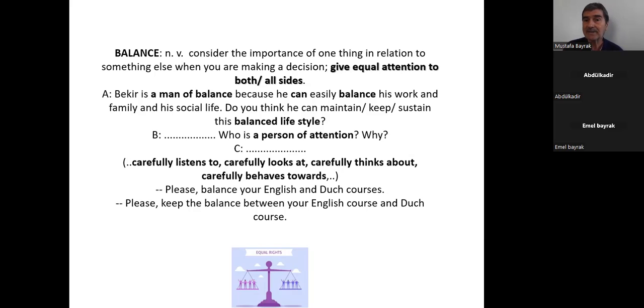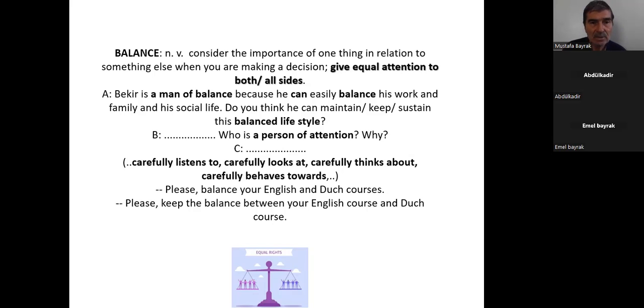Do you think he can maintain, keep, sustain this balanced lifestyle? Yes, I think he can do it. Who is a person of attention? Jakub is a person of attention because he puts things in the order of importance.